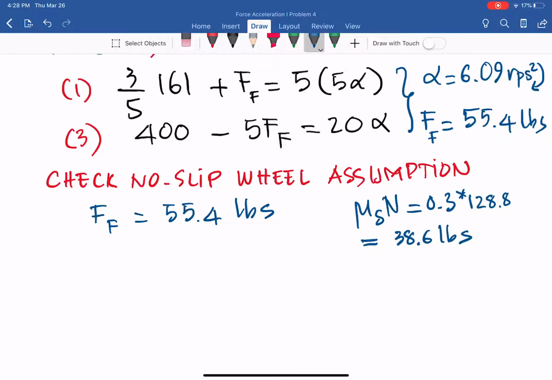And as you can see, with that we have that one FF that we find out. Based on what we assume, no slip wheel, FF greater than mu sub S N is supposed to be less than.